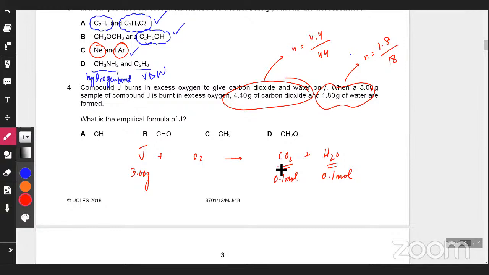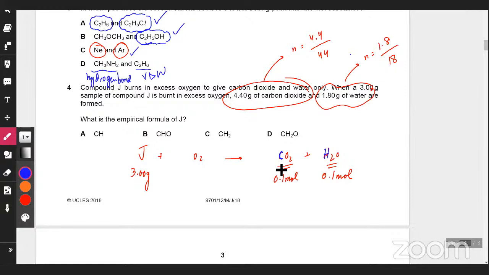What do you think the carbon and hydrogen ratio is in this molecule? Remember, where is all the carbon coming from and where is all the hydrogen coming from? From J. Okay, it's coming from J. So what's the ratio?